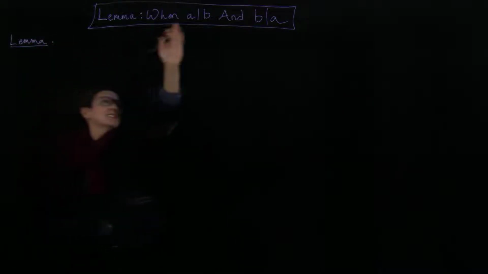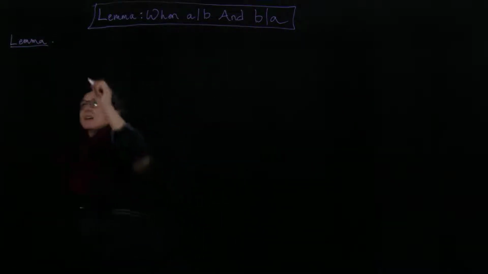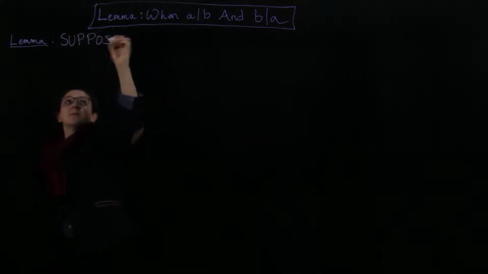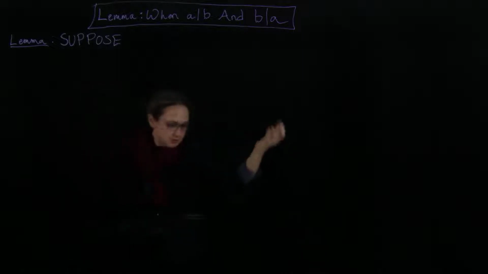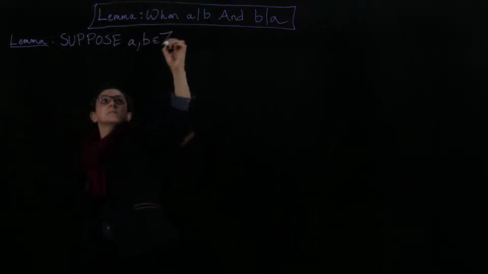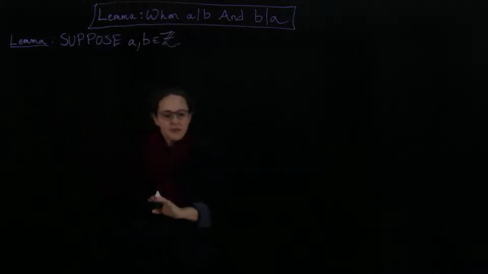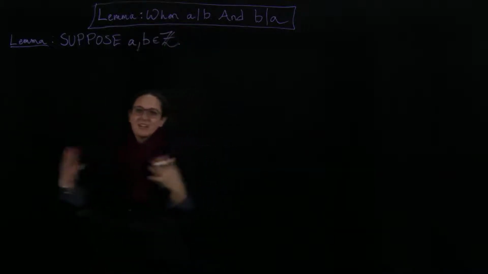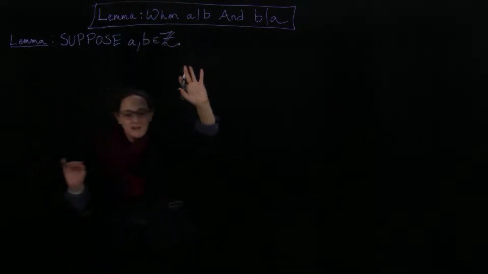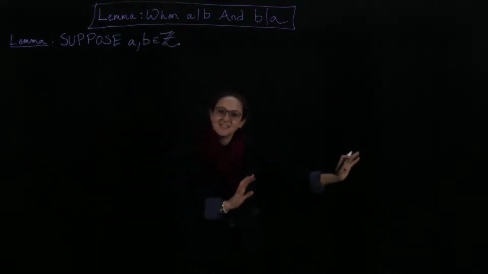And obviously this is the circumstance we're looking at, but we first want to start with our suppositions. We suppose that a and b are integers. Okay. And it was good to write this in a sentence like that, because then it's an if-then statement.